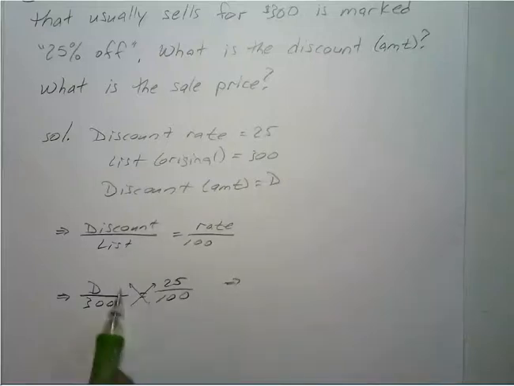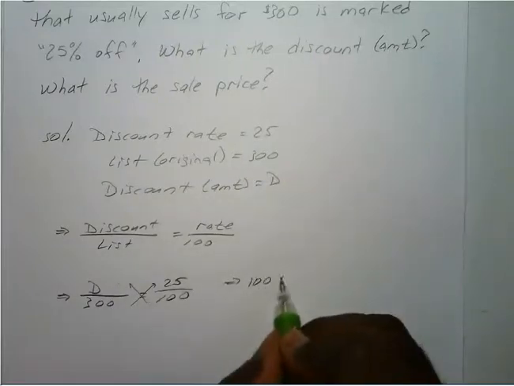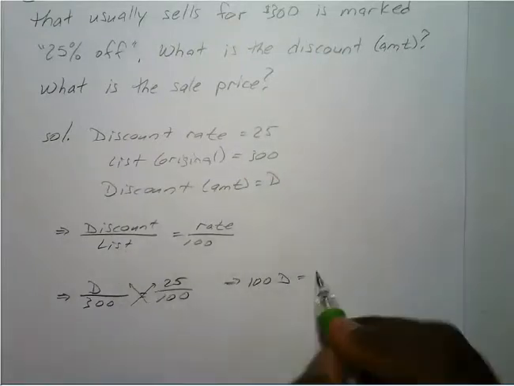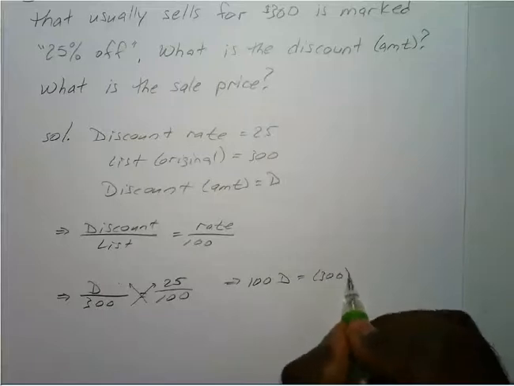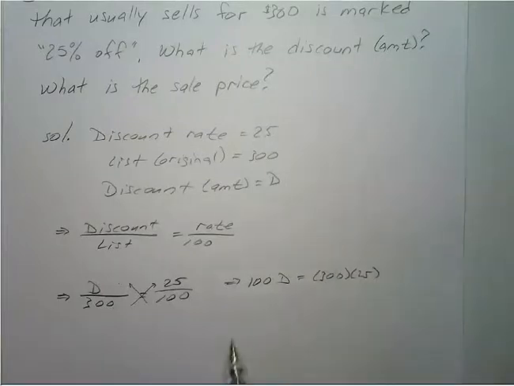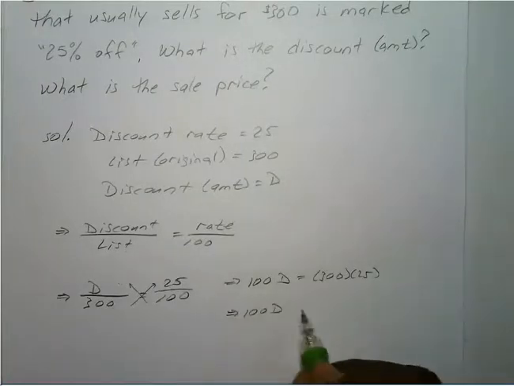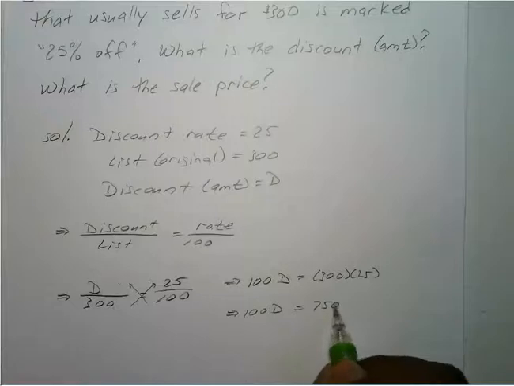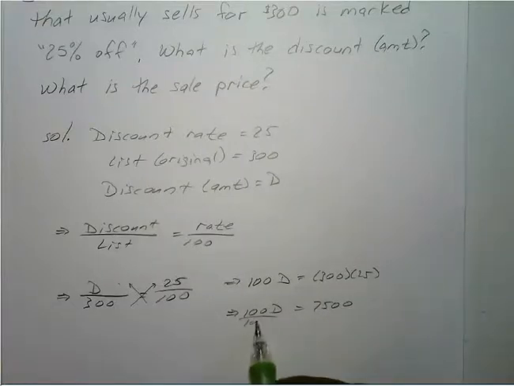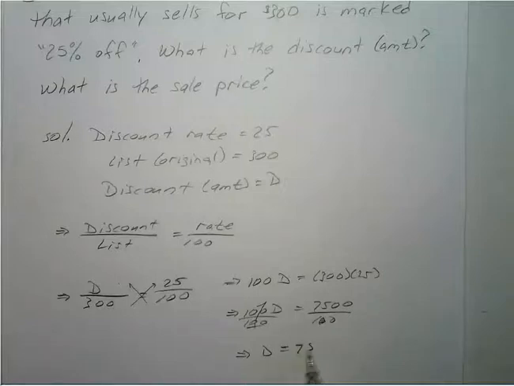So that's 100 times D is equal to 300 times 25. 300 times 25 is 7,500, so you have 100D equals 7,500. Divide each side by 100 to solve for the unknown variable, and that gives us a discount amount of $75.